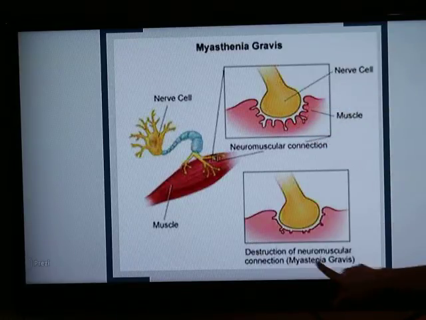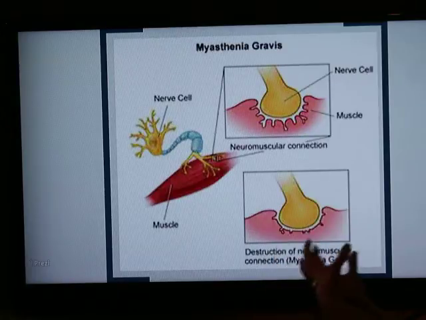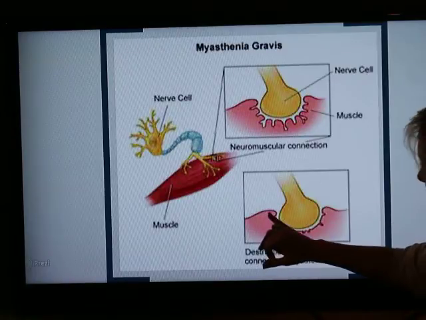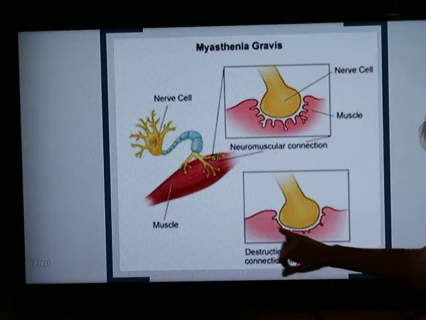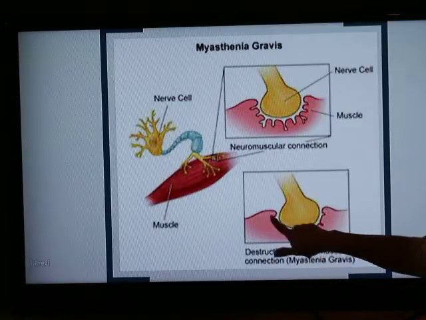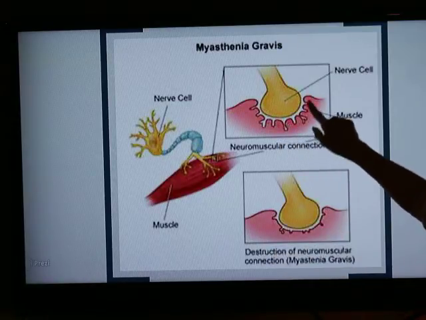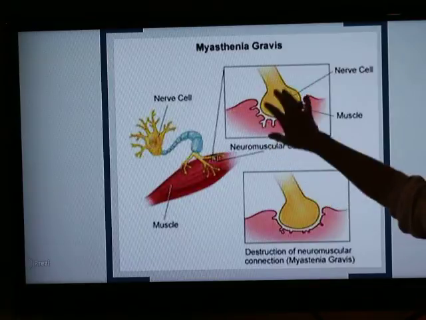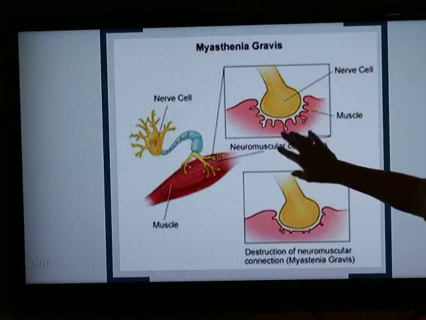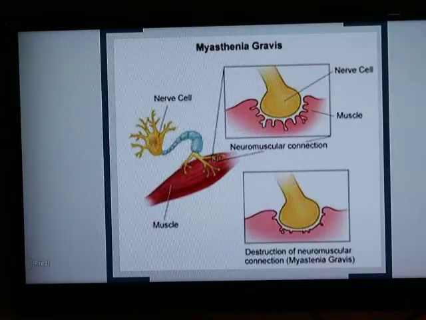Well, in MG, there's a destruction of the receptors in the muscle. So the problem with MG is actually a muscle disorder down in here, and the body actually is attacking these receptors that are waiting for this acetylcholine, so the muscle doesn't move. So what happens in MG is your patient gets very, very weak, and they fatigue very easily.